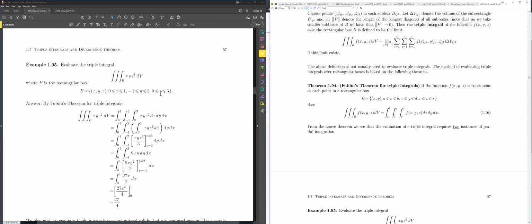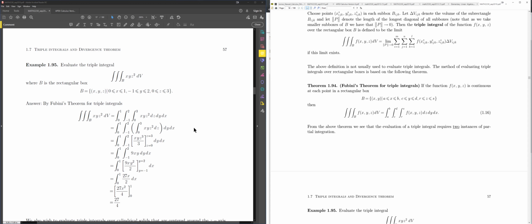First thing you do is, this is your notation for your triple integral, and it tells you how we're going to evaluate it. This right hand side is an iterated integral where we integrate with respect to z, then y, then x.